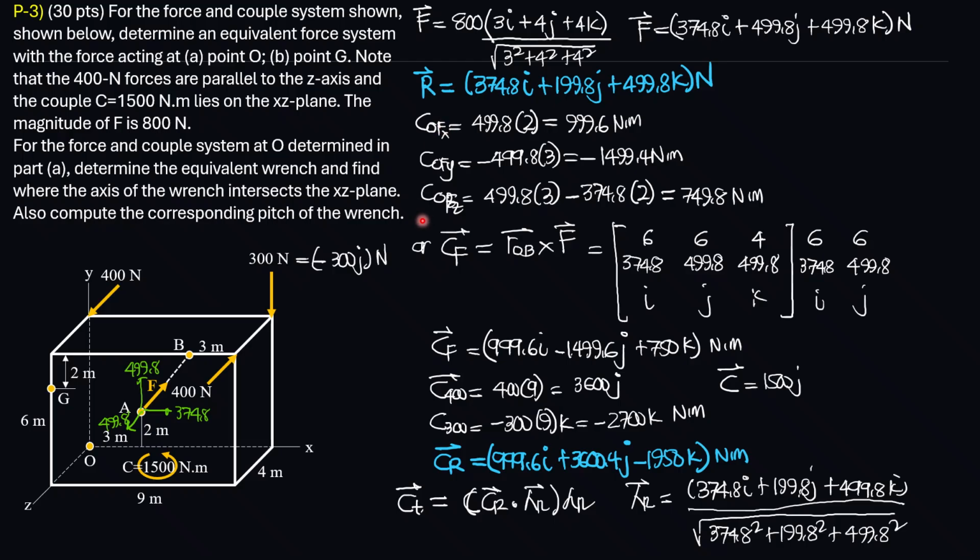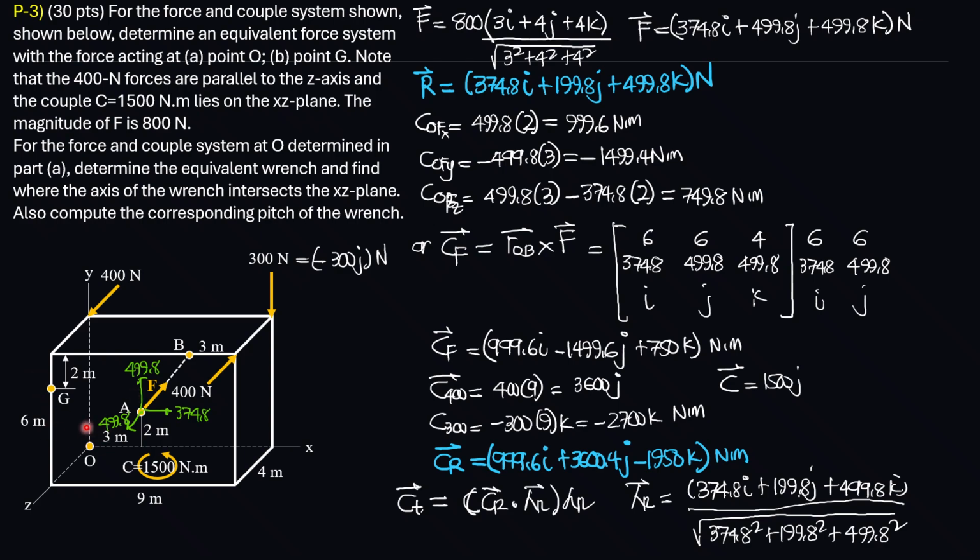So by scalar approach, I solved the moment of the force about the X, Y, and Z axes. So 499.8 times 2 is 999.6. There is an alternate approach to verify these values. Then moment about the y-axis: 374.8 is parallel, so no moment. Only 499.8 will have moment.